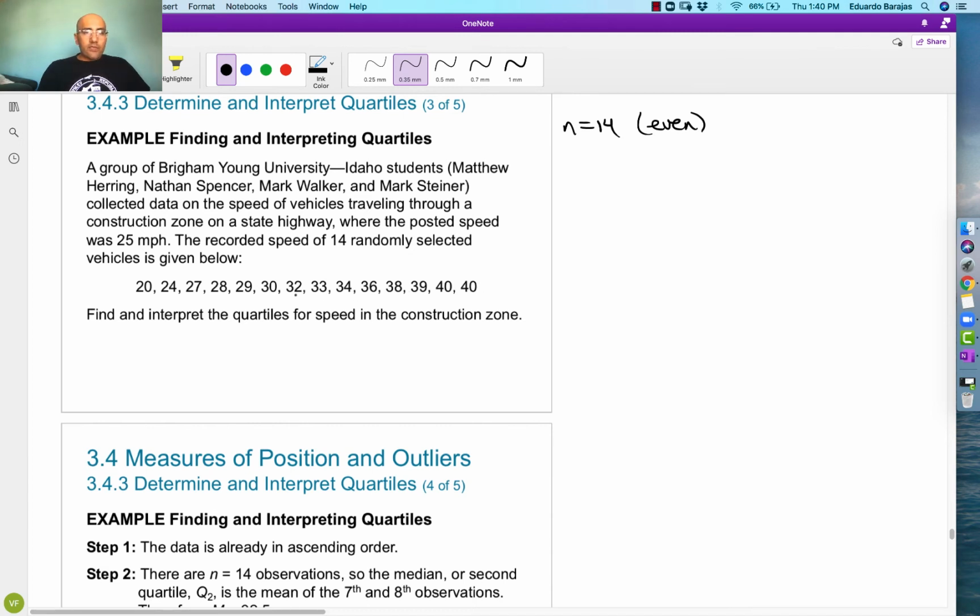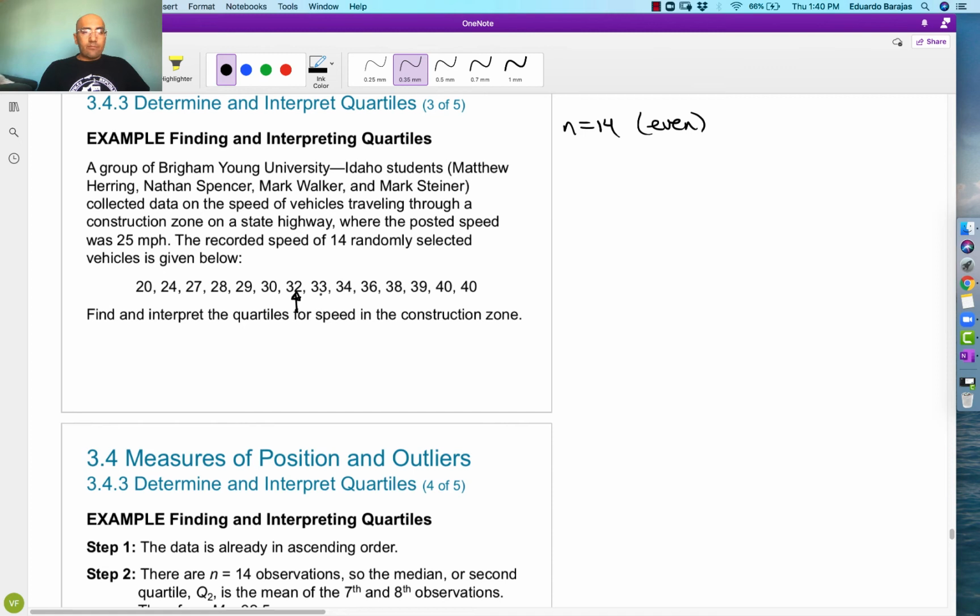If we focus on this number, there are 6 numbers below and 7 numbers above, so that can't be the number in the middle.